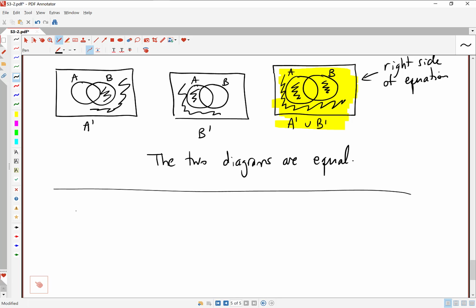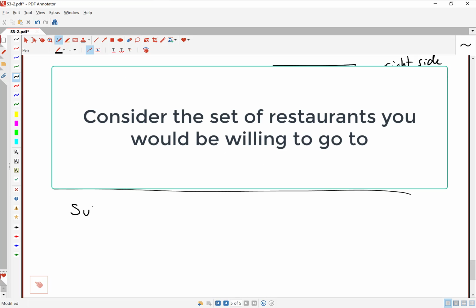So here's sort of a real-world example of De Morgan's laws just to show you how this might work in action. So let's say you're going out to dinner with a friend and your friend asks you, okay, what kind of food do you feel like? So something like S union T could represent the fact that you say, I'd be fine with Spanish or Thai food.